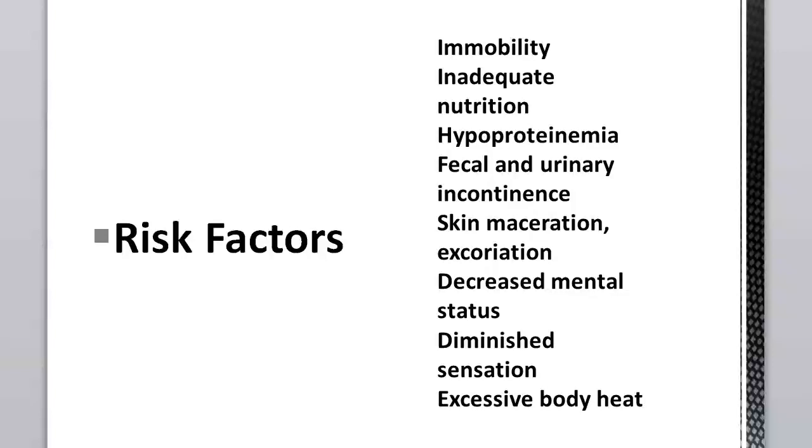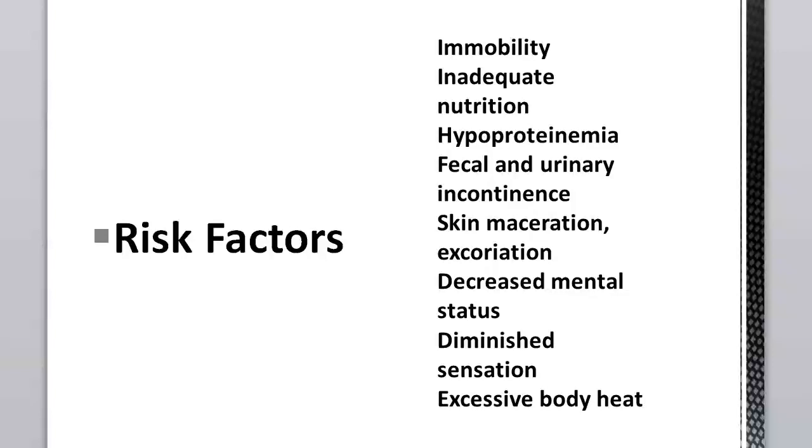Immobility is a big one, okay? Anybody that has any type of limited mobility, such as quadriplegia, patients who are in critical care who are not able to get out of bed or even sit in a chair.